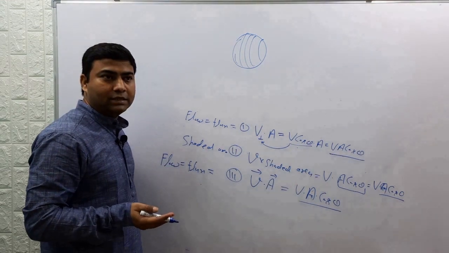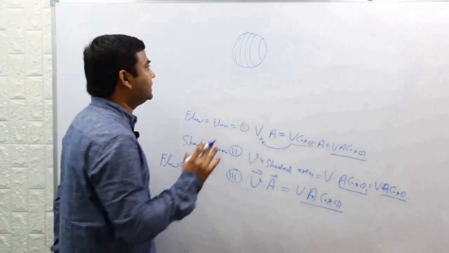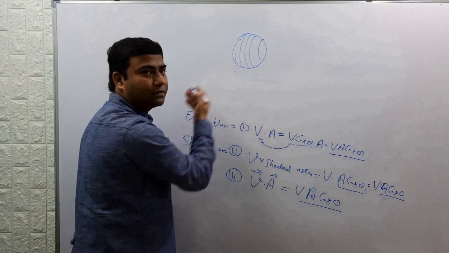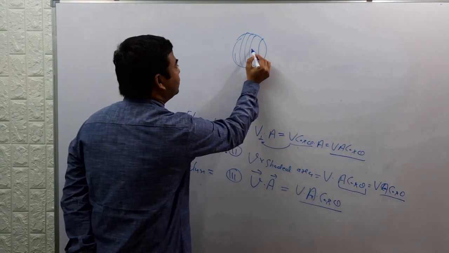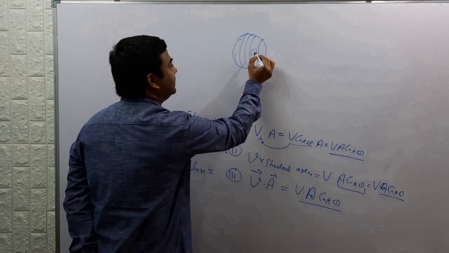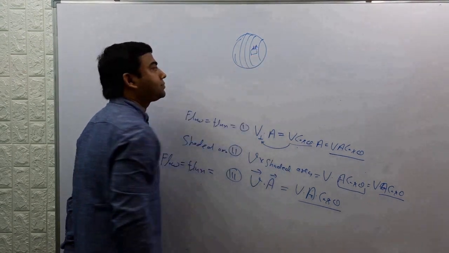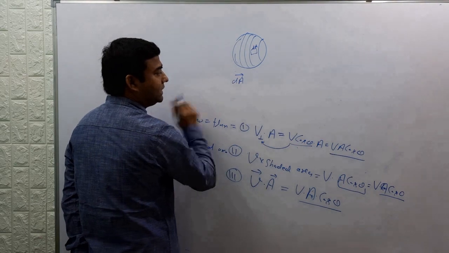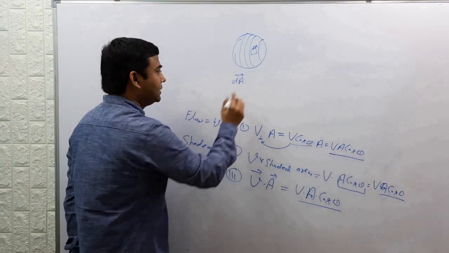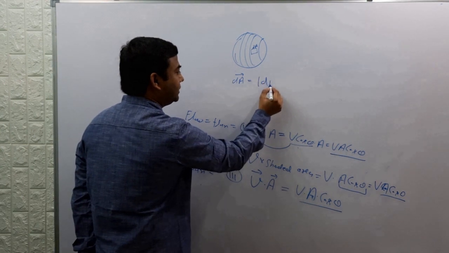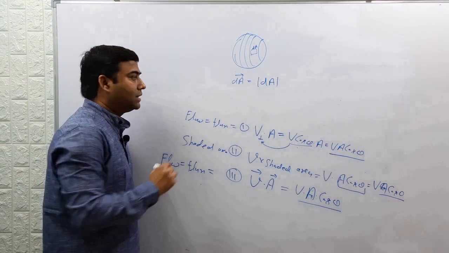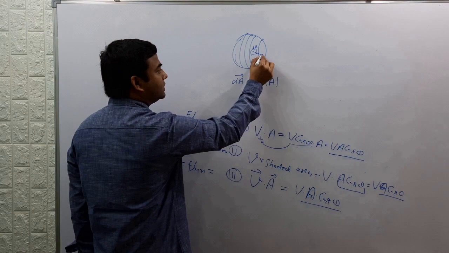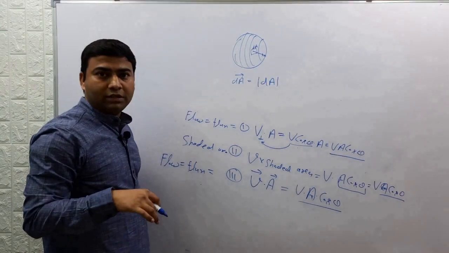So for a closed surface, it is a convention. If it's a closed spherical surface, and you take a small area dA, it is a convention that the vector dA, the area vector corresponding to this small area, will have magnitude equal to the area of this small element, and its direction will be perpendicular to this area and coming outward from the surface.